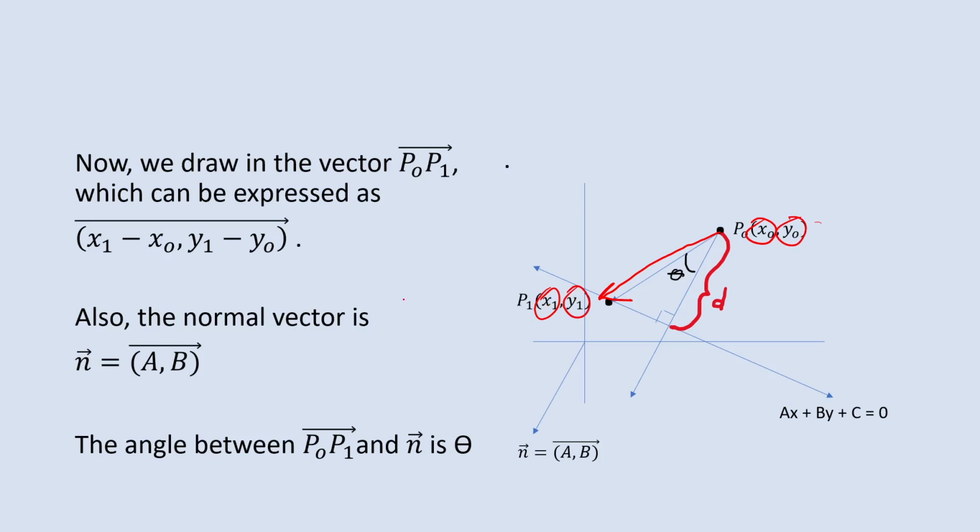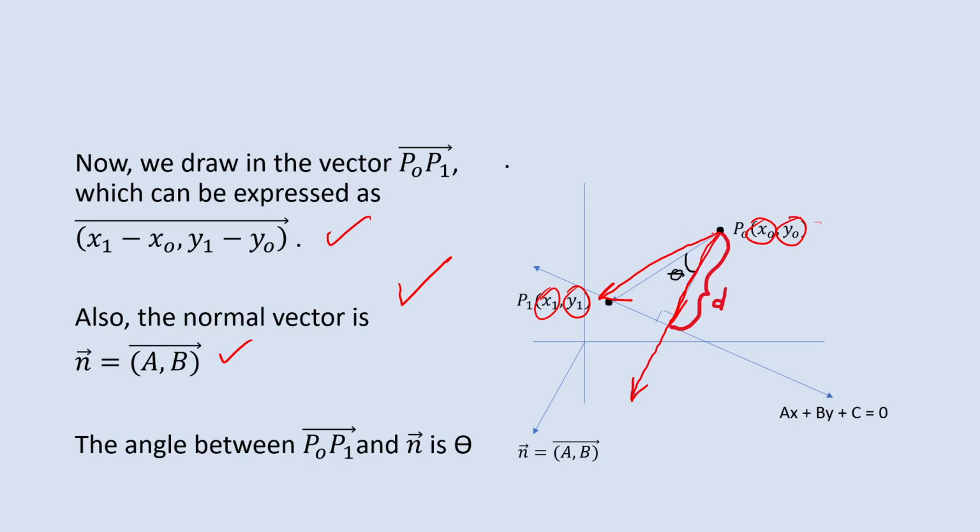And again, the normal vector to the line is (a, b). And notice how that normal vector is collinear with the line along which that shortest distance lies.